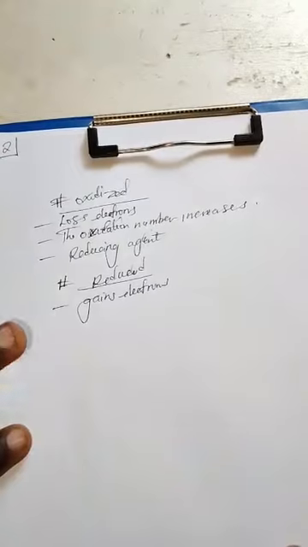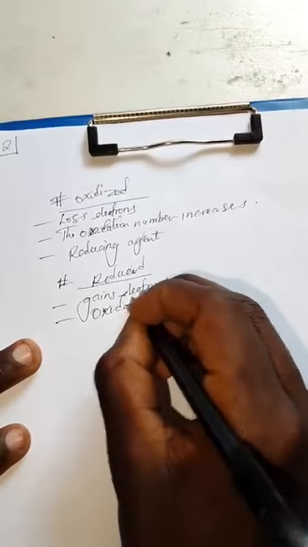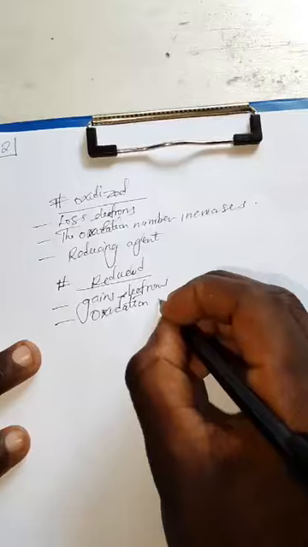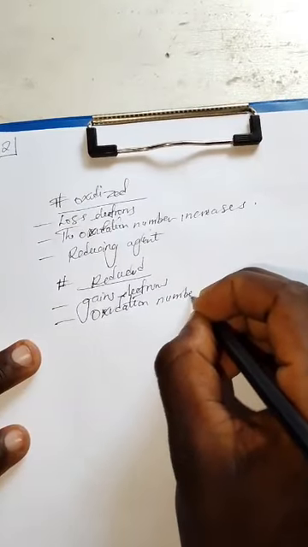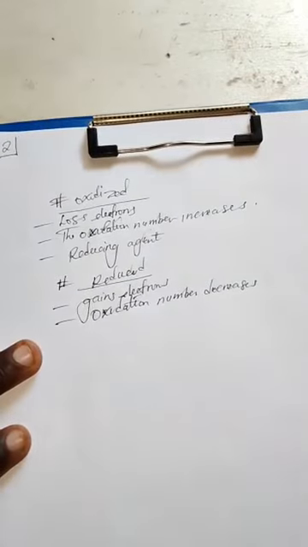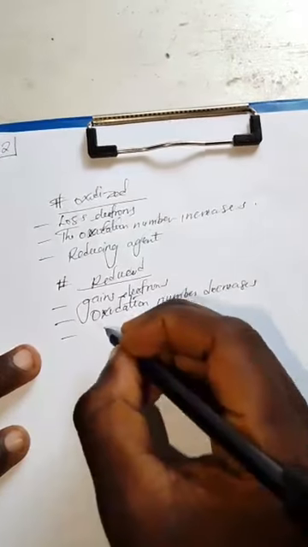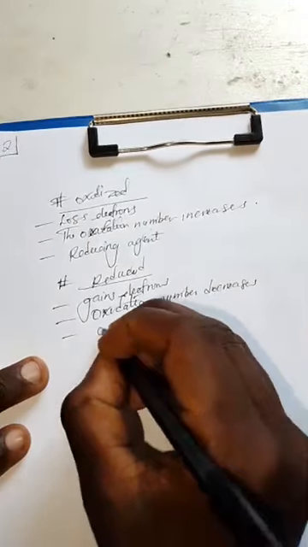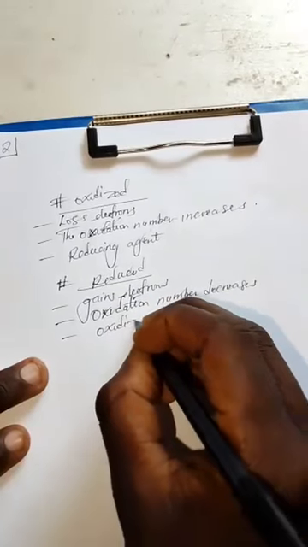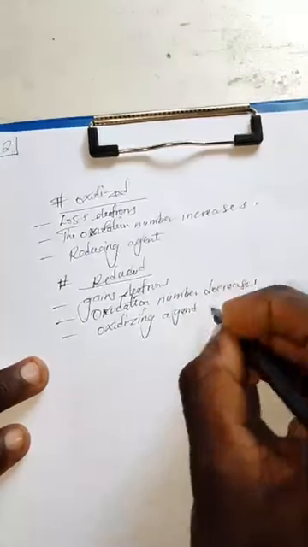Just the opposite of oxidation, the oxidation number decreases. Then what will the agent be? We call it an oxidizing agent.